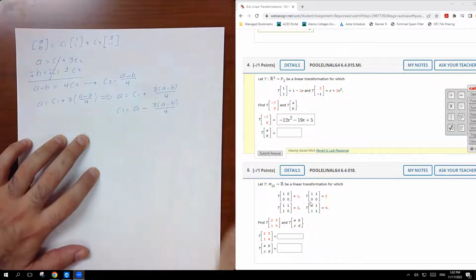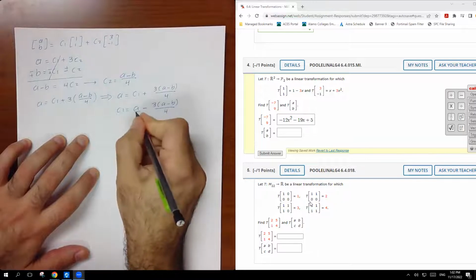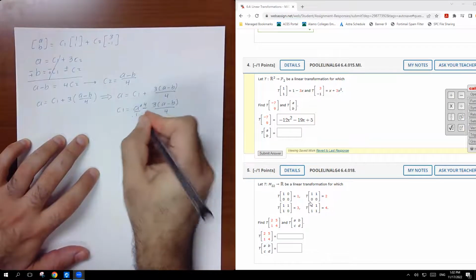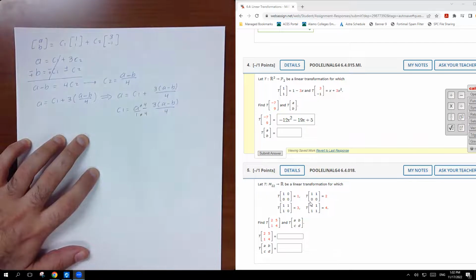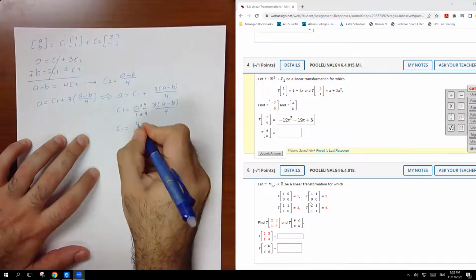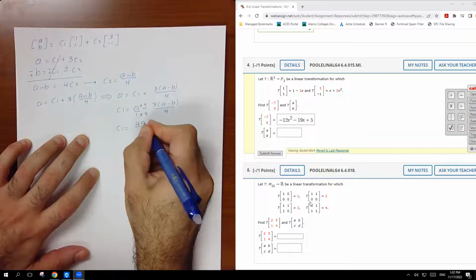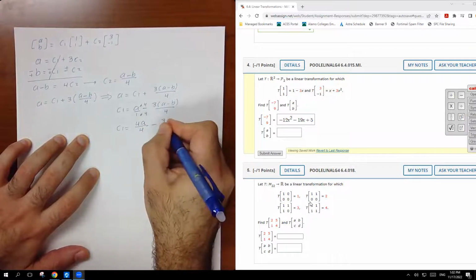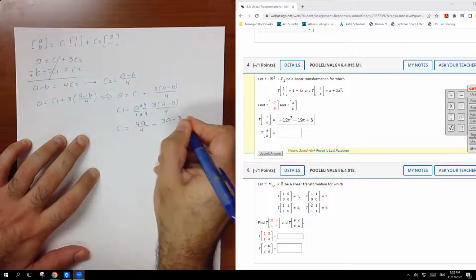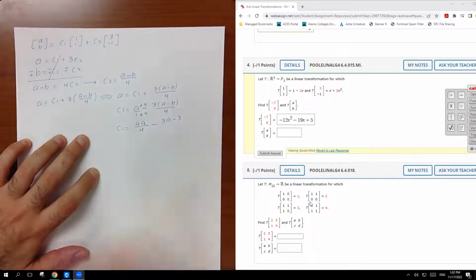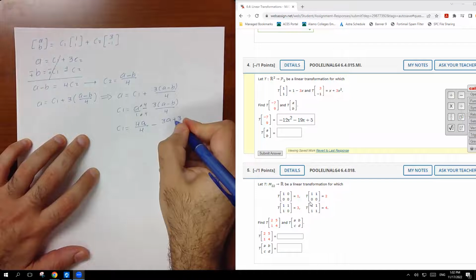This is over 1, so we're going to find the common denominator. I'm going to multiply this one by 4 over 4.